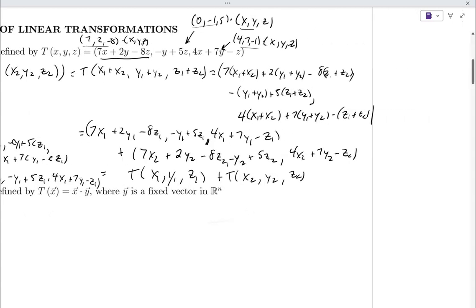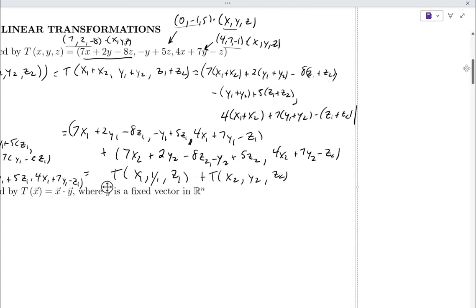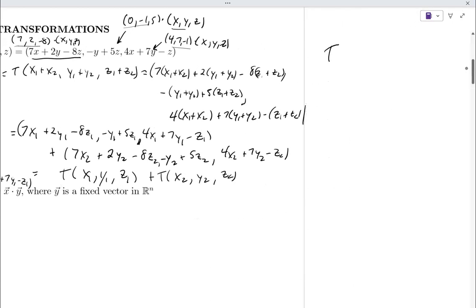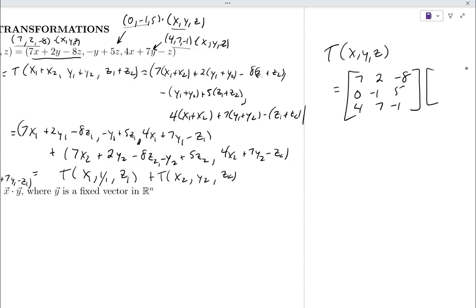I could have written this transformation as the matrix 7, 2, -8, 0, -1, 5, 4, 7, -1 times x, y, z this way.